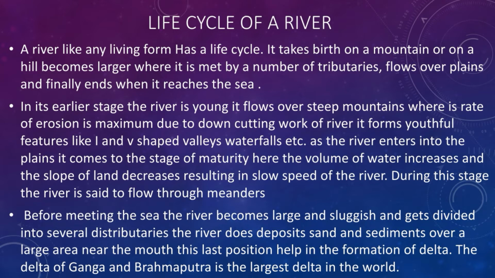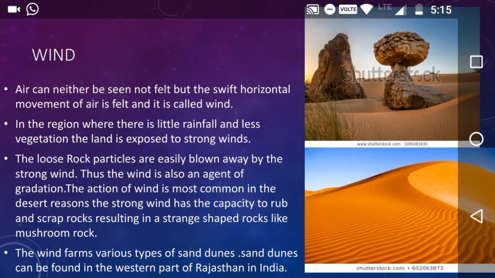The river deposits sand and sediments over a large area near the mouth. This last stage helps in the formation of delta. The delta of Ganga and Brahmaputra is the largest delta in the world.